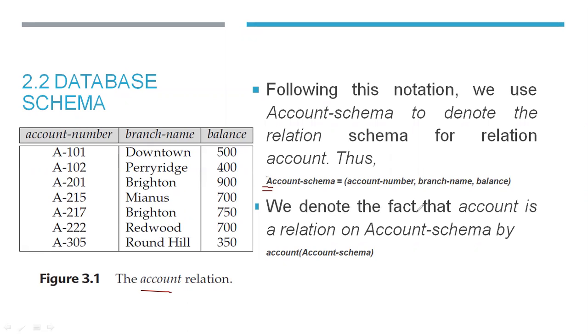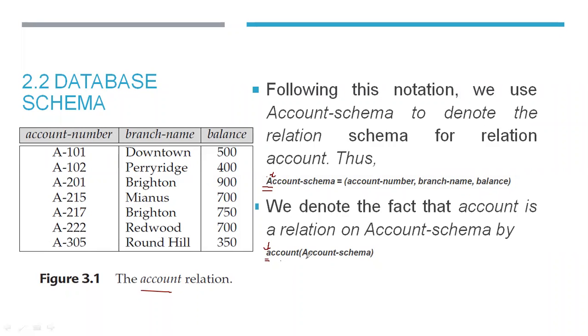We denote the fact that account is a relation on Account schema by writing, for the relation account, a small a. So when you start with the first letter as a small case letter, that is a relation. When we write the first letter as a capital letter, that is called a schema.